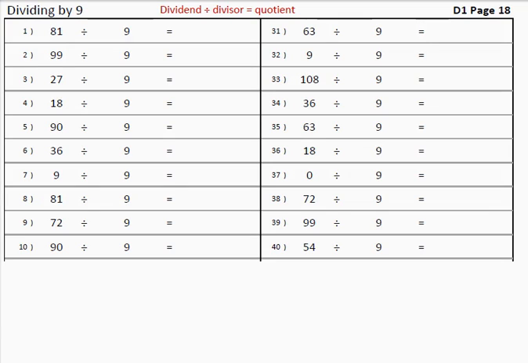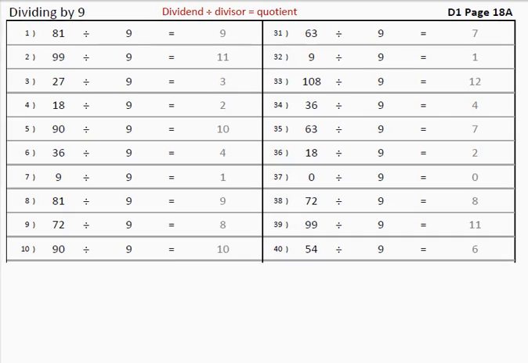Okay, dividing by 9. What number times 9 gives me 81? It is 9. Okay? Pause the video and you do the rest. There you go, there's your answers. Please check them now. Pause the video.